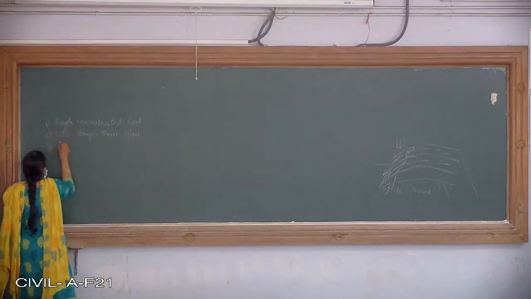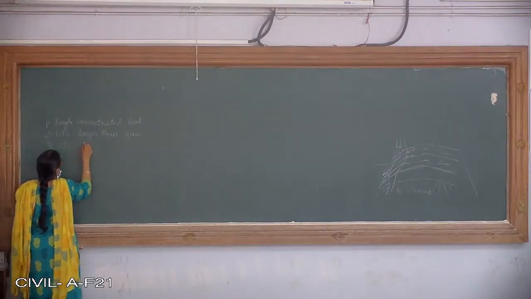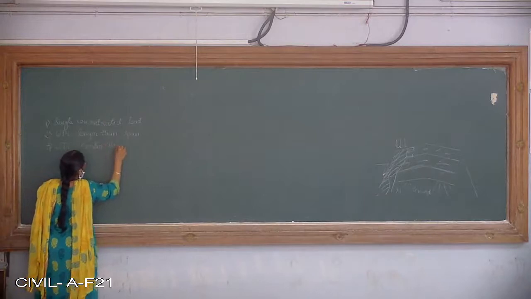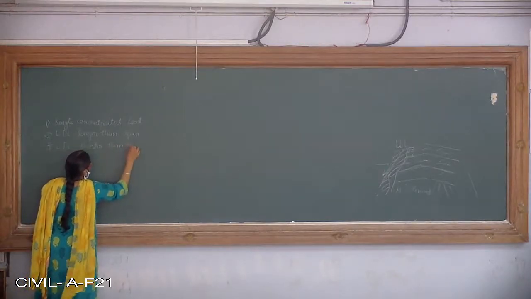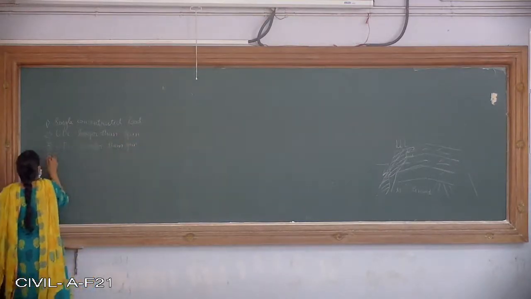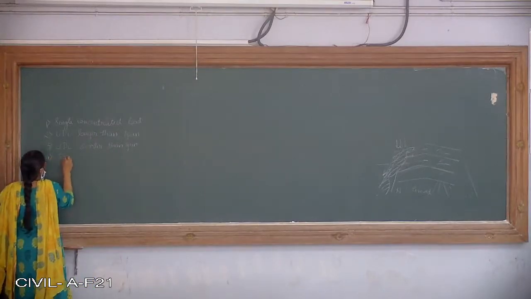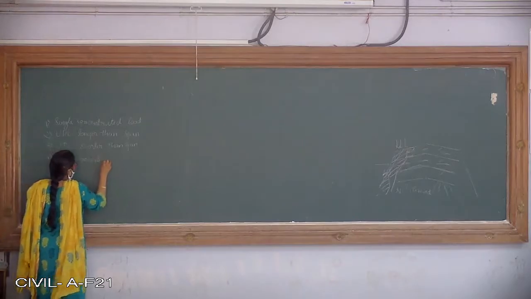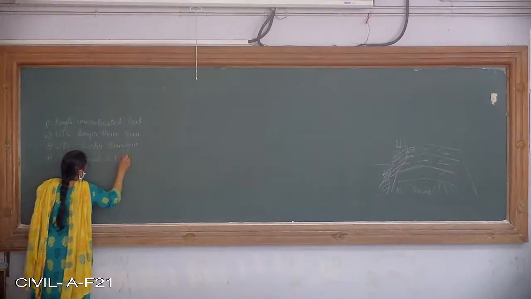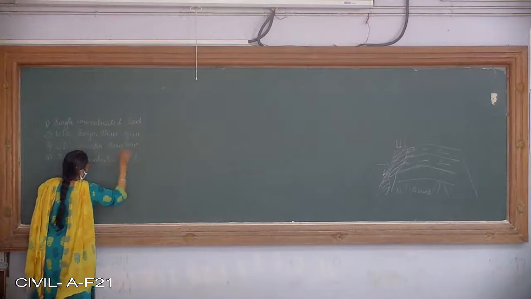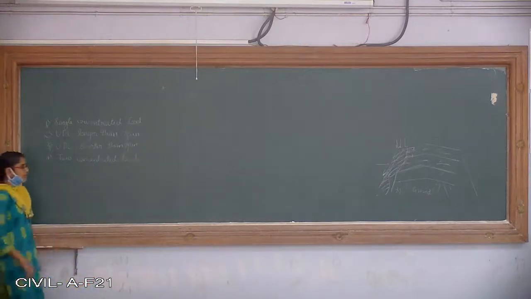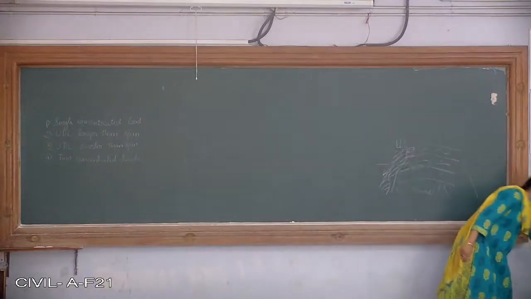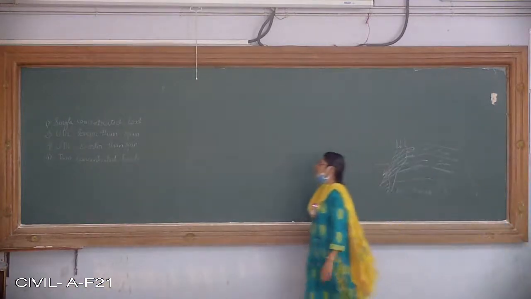Thirdly, uniformly distributed load shorter than span. And fourth, we have two concentrated loads, separated at a particular distance between them. Okay, so these are the different cases which we will be discussing.